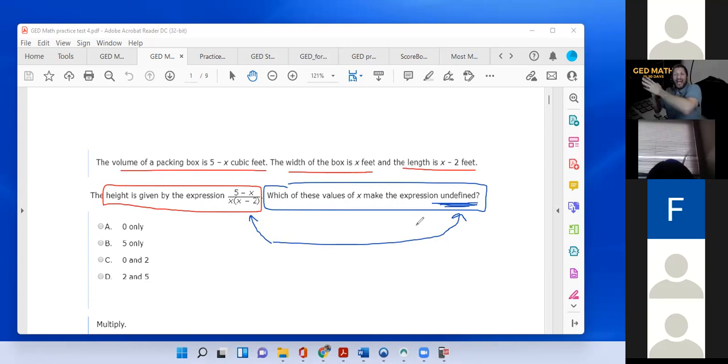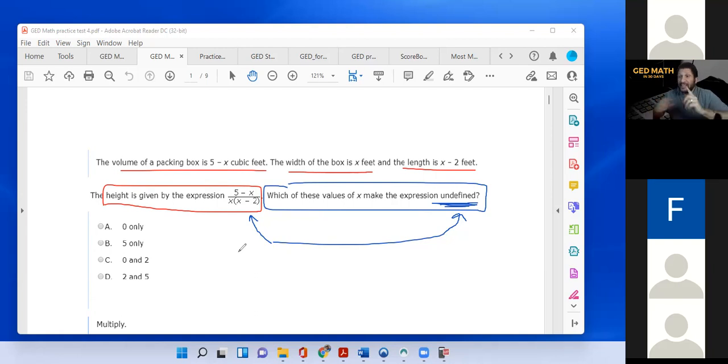What makes something undefined? Can anybody tell me what makes something undefined? There are 2. When the denominator is 0. Yes, when the denominator is 0. So an example of that would be 8 over 0.